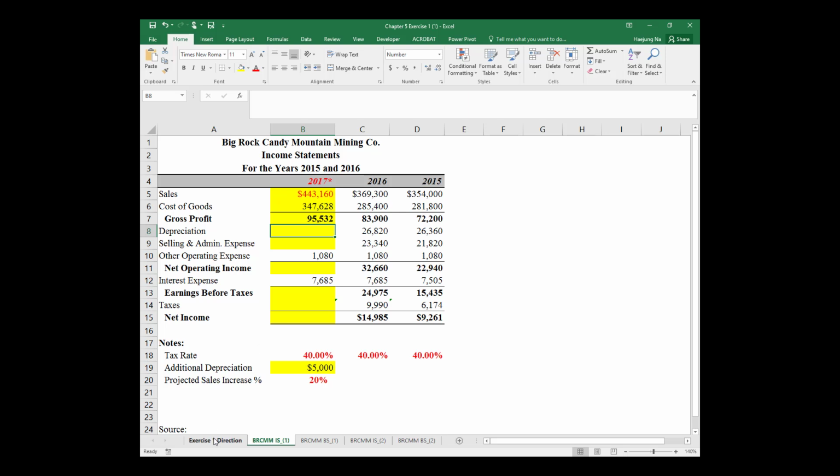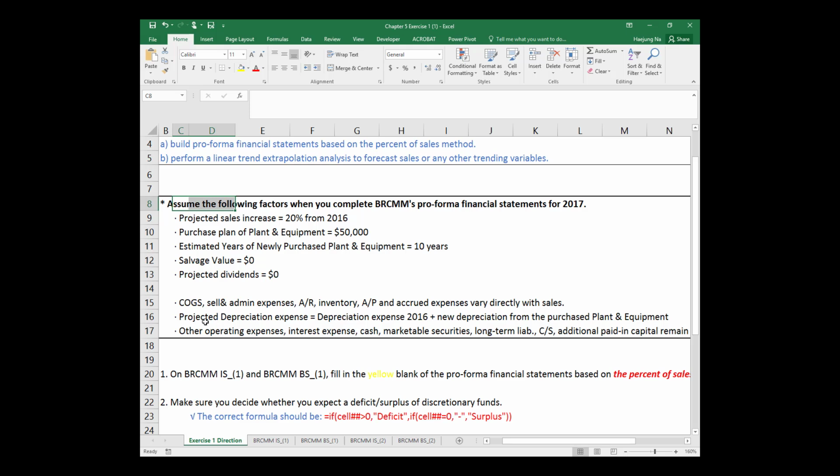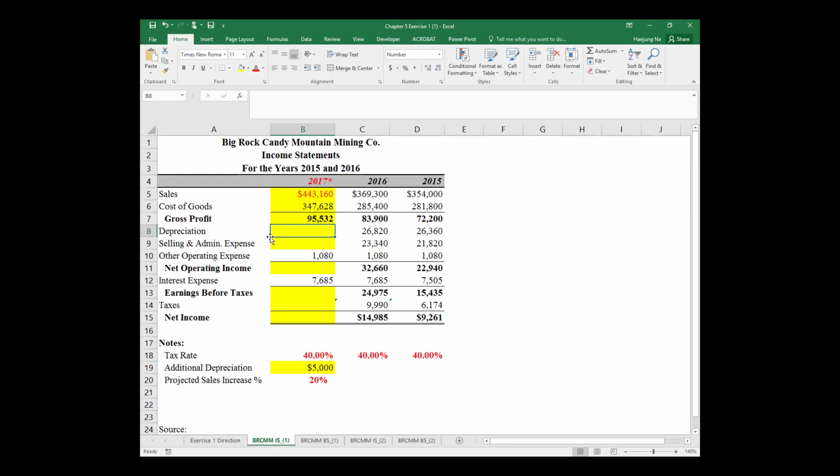So what was assumed in our direction was projected depreciation expense for 2017 would be depreciation expense for 2016 added to it would be the new depreciation amount. So 2016 plus new depreciation, that should be equivalent to depreciation expense here. So what we should have here is 2016 depreciation expense plus the additional depreciation. Okay, so 26,820 plus 5,000.